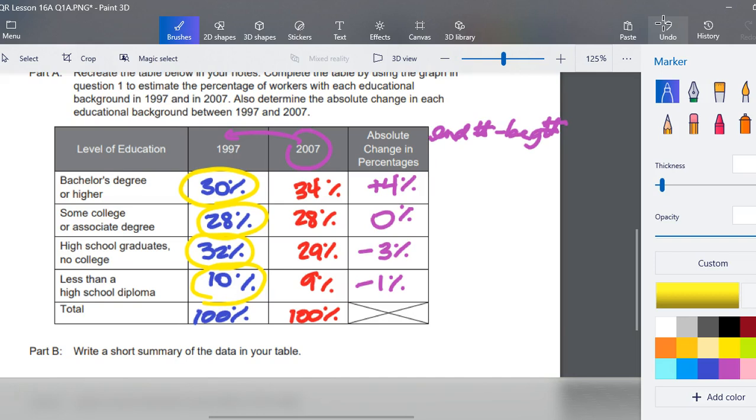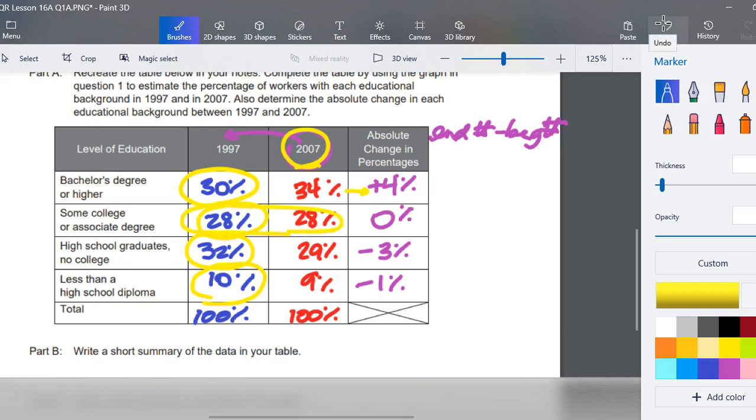And so then it lists what's going on in 2007. And we can say that again, we can list what is there, or we can have a comment about how it's gone up or how it's gone down. You could say in 2007, those with bachelor's degree went up 4 percentage points. Those that had some college remained the same.